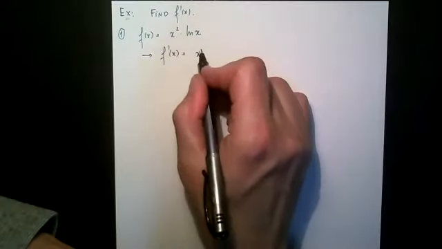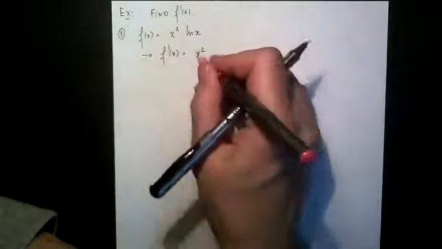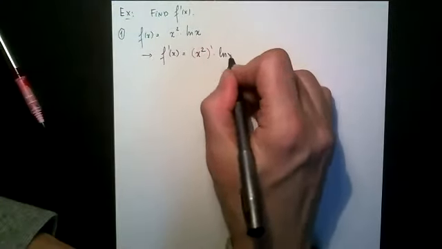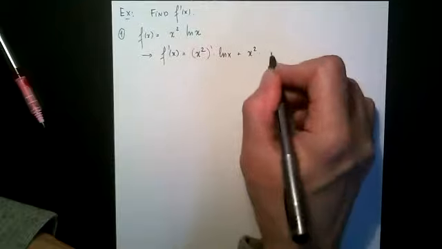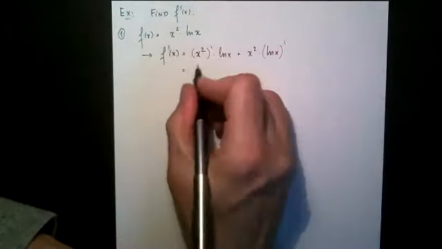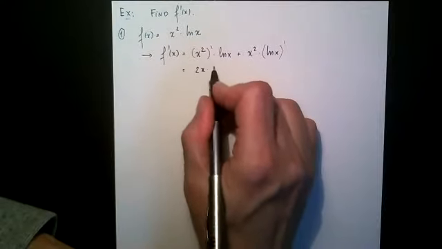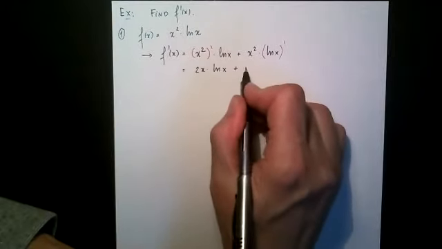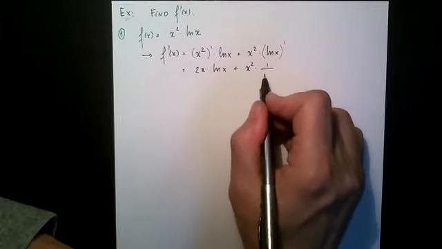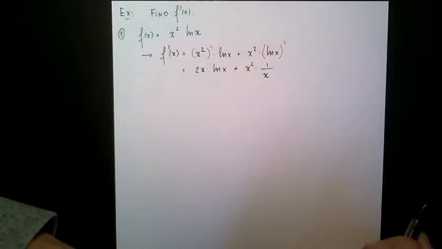Derivative of the first times the second plus the first times the derivative of the second. That's equal to 2x ln x plus x2 times, as I just stated, the derivative of ln x is 1 over x.